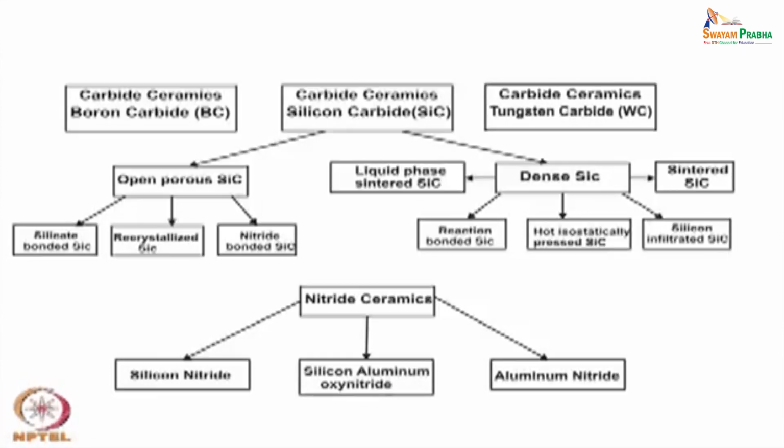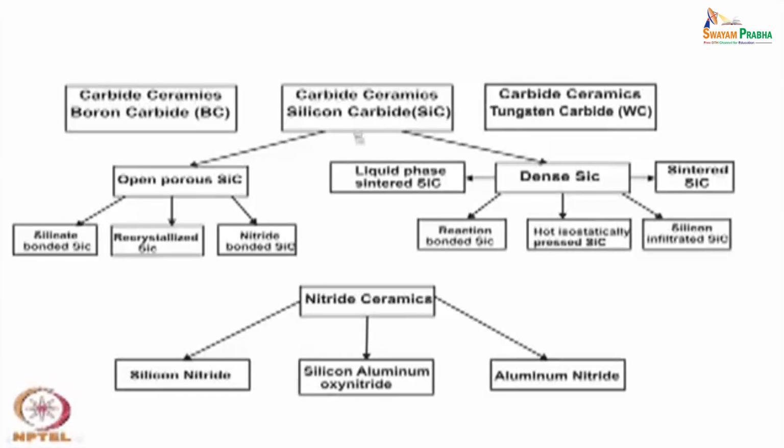Besides oxides you have carbides and nitrides, and there are many different carbides, some of which have been already discussed. Boron carbide is one of the hardest materials next to diamond, and it is an industrial product.